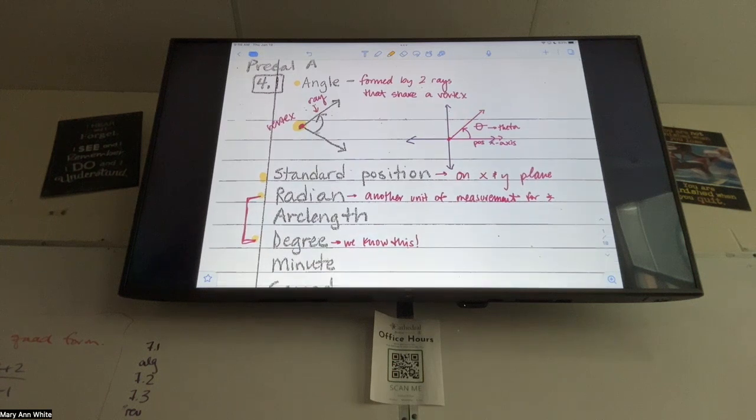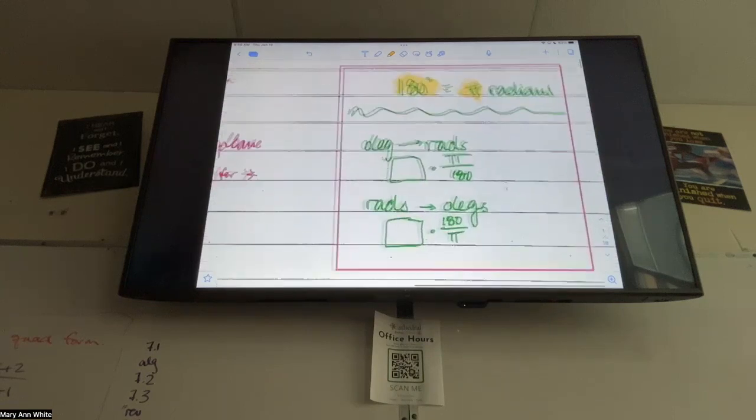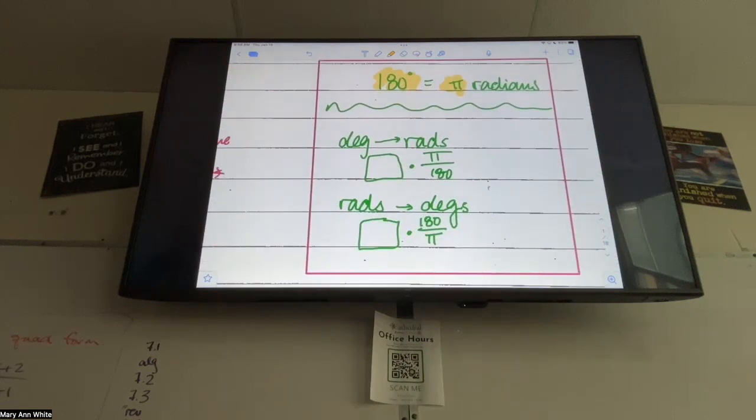We talked about how degree is a unit of measurement for angles that we already know, and how radians is another unit of measurement. This is our conversion. Reminder that 180 is equal to 1 pi radians. When we go between degrees and radians, we use that conversion factor.